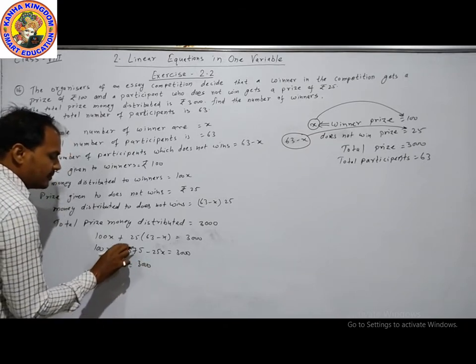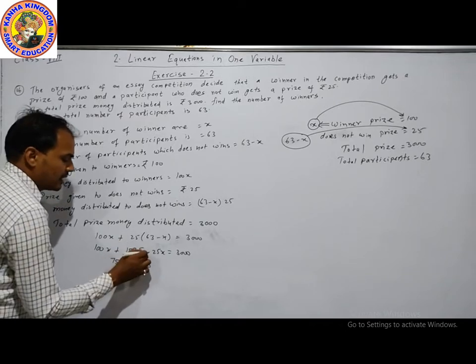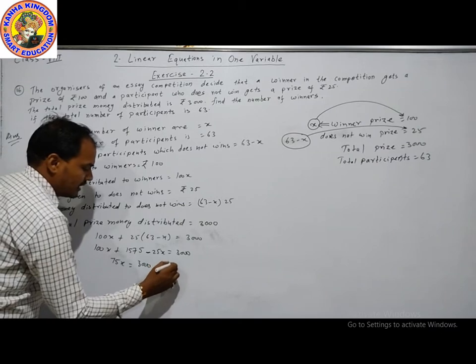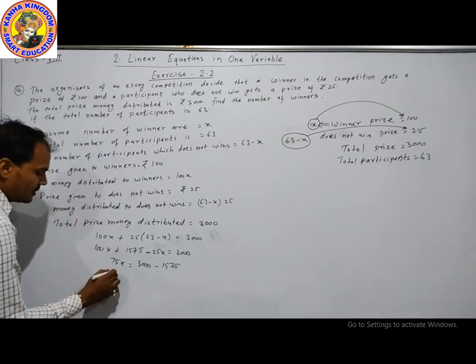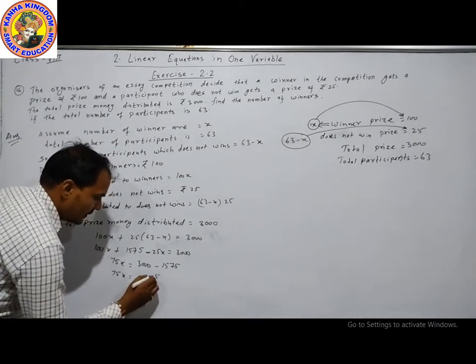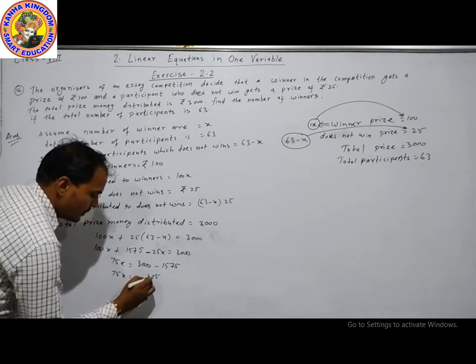Here we transpose this number to the right hand side, and the plus sign will change into minus sign. 75X is equal to 1425.